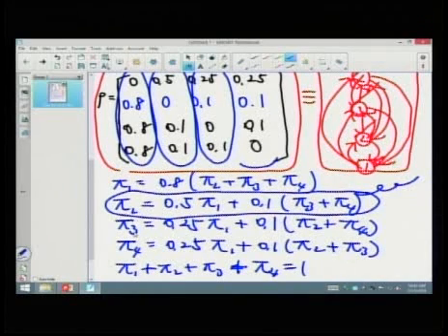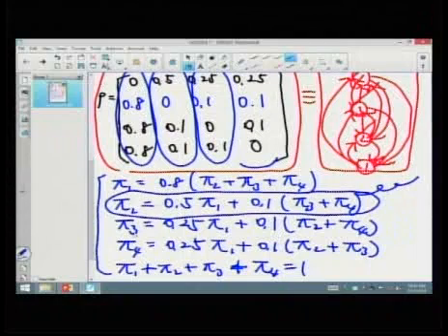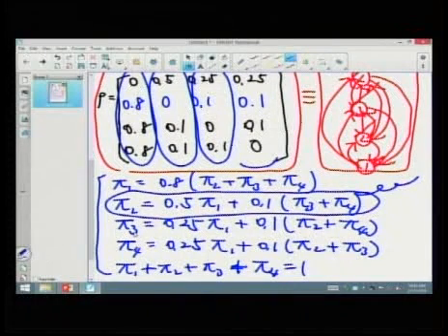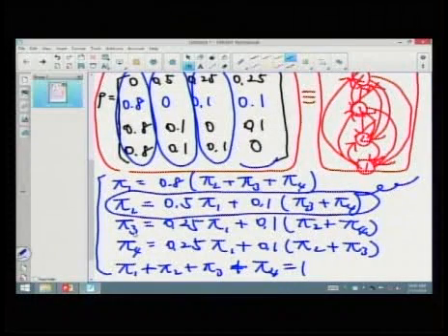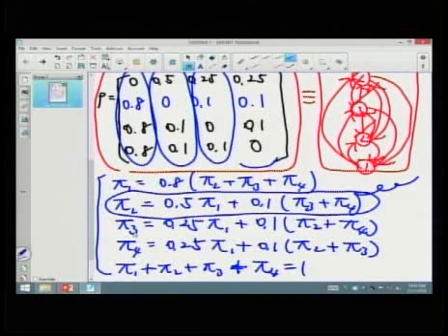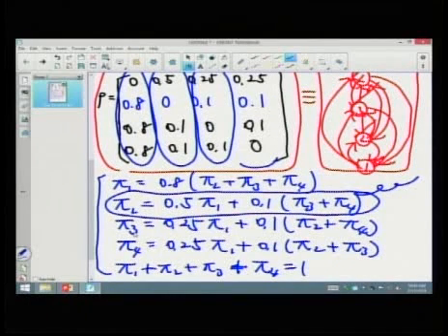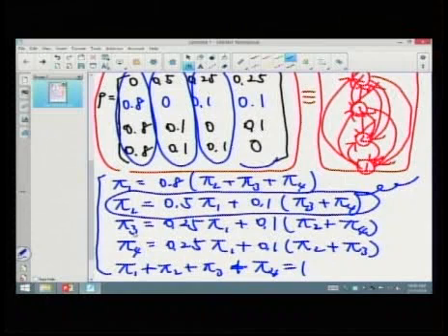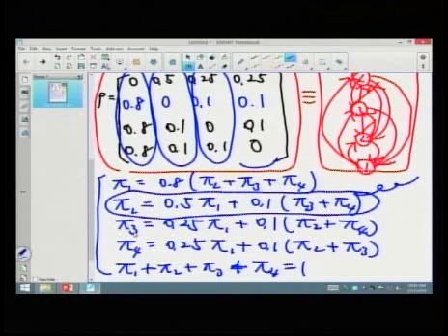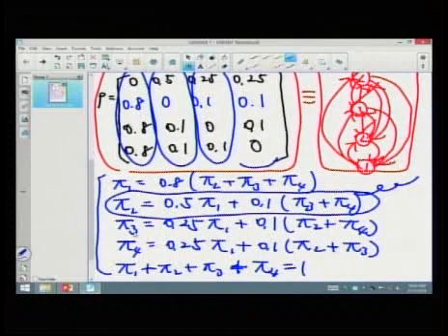Okay? So using these four equations, you should be able to get the pi values. Okay, any questions?